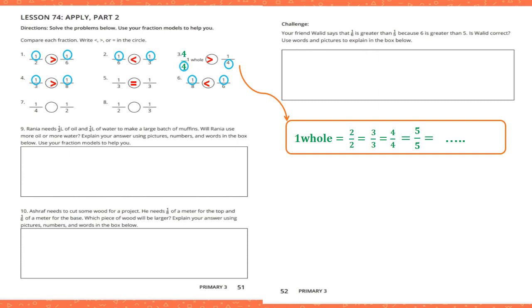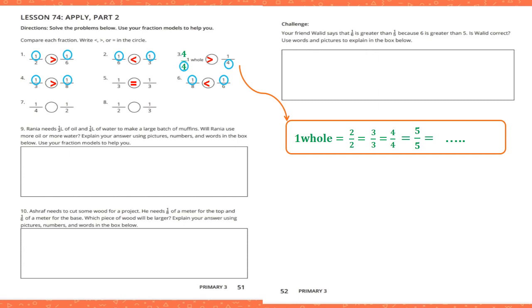Here in question 9, Rania needs third liter of oil and fourth liter of water to make a large batch of muffins. Will Rania use more oil or more water? Third liter of oil is bigger or fourth liter of water is bigger?